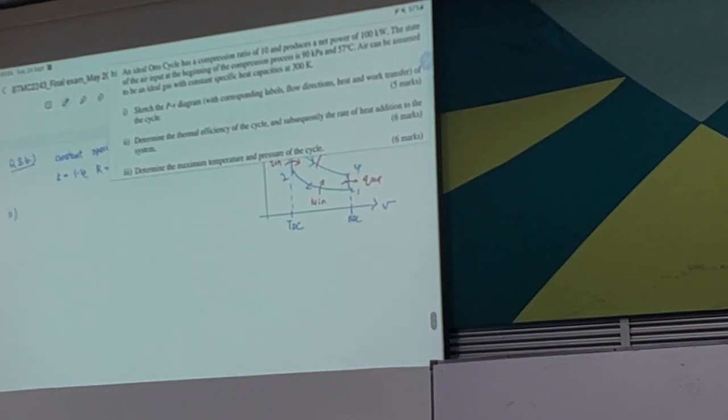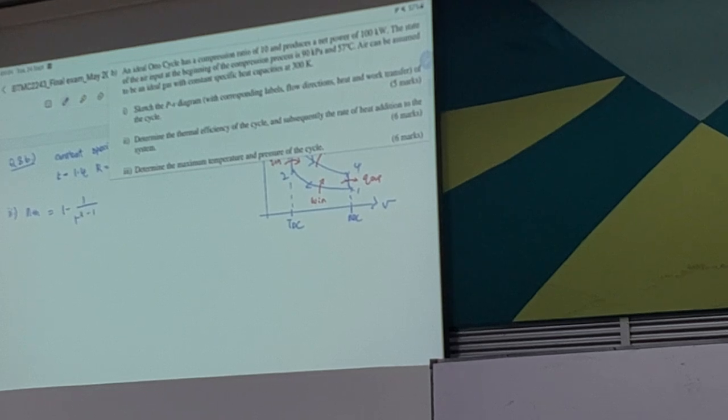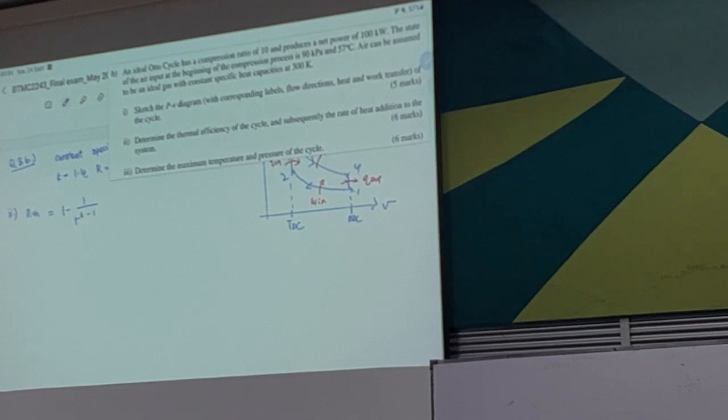So the first part asks you to find the thermal efficiency. You can just use this equation, which is the Otto cycle equation. You plug in r, in this case r is 10, k is 1.4, so you should get the thermal efficiency answer, which is this.